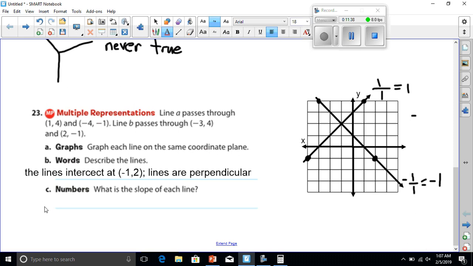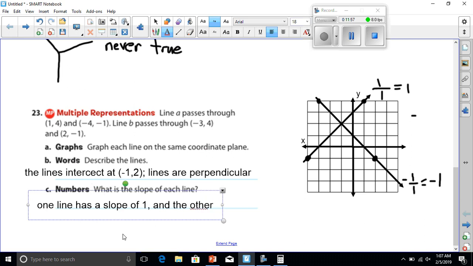We know that one line has a slope of 1, and the other line has a slope of negative 1. And, well, that is the entire homework. So, guess we're done. Thank you for listening, and I'll see you in class.